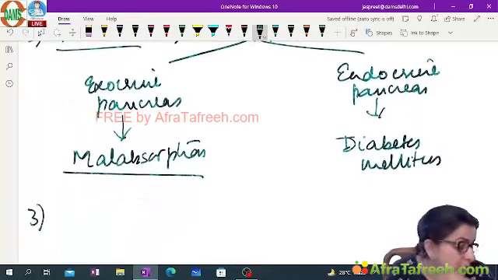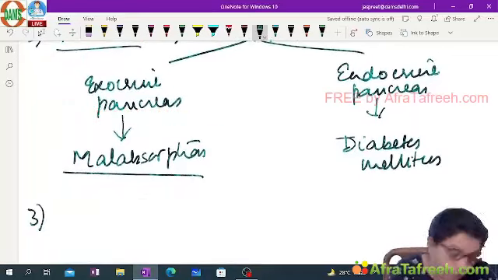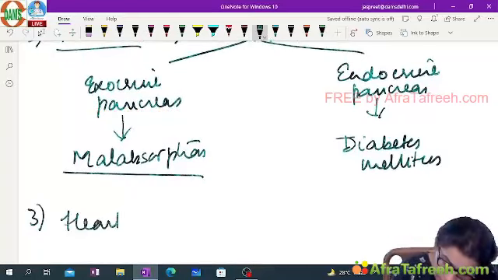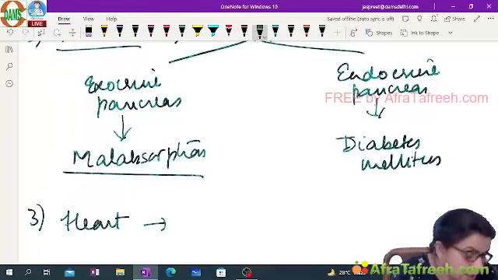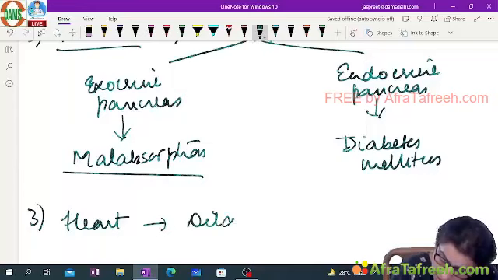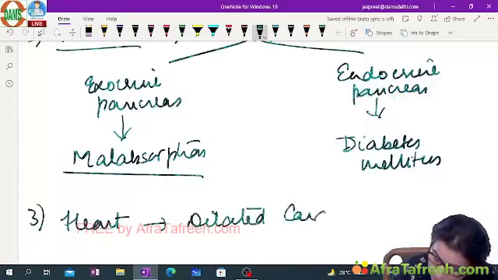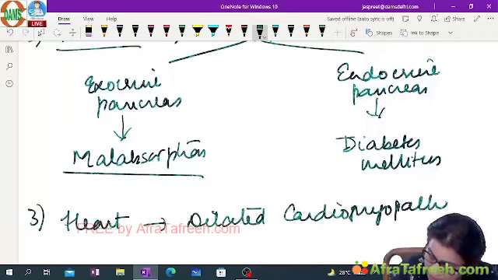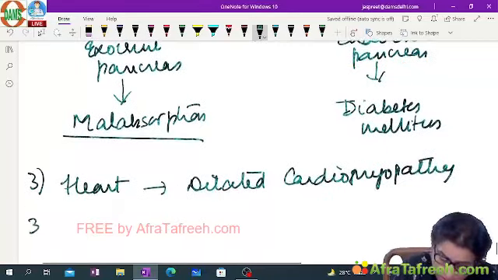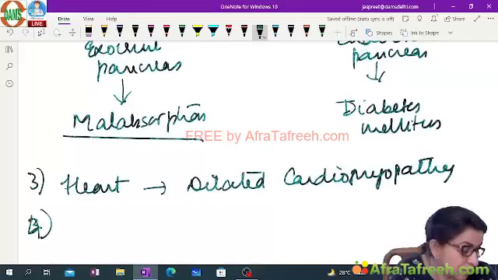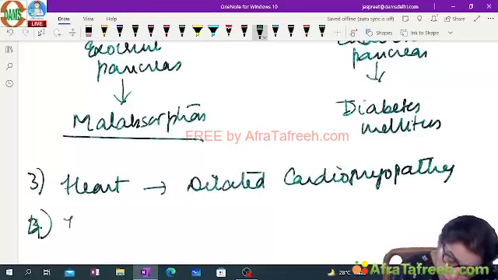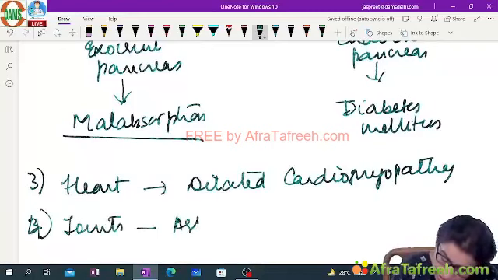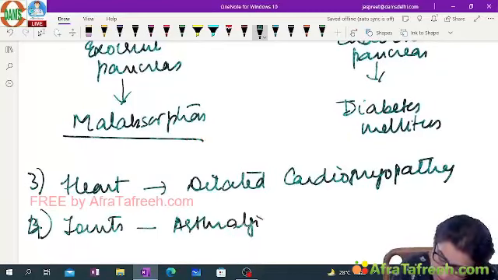Third, heart. Iron deposits in the heart, and in the heart it causes dilated cardiomyopathy. Then in joints, it deposits in the joints, can cause arthralgias and arthritis.